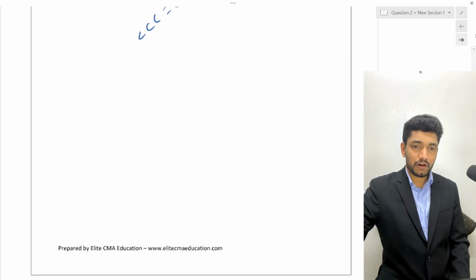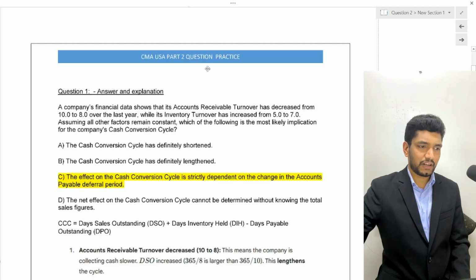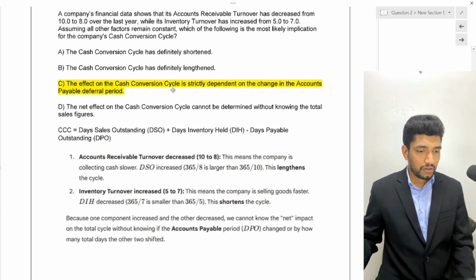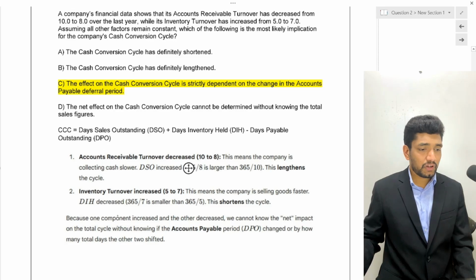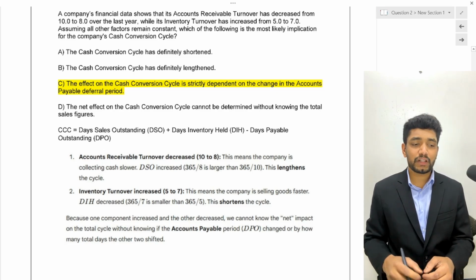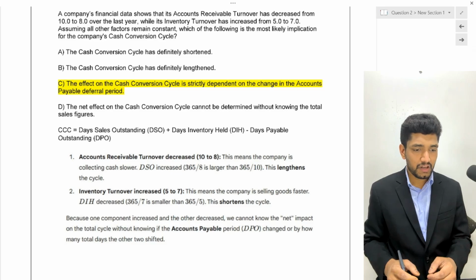Here I have given the answer and explanation for this question. Because one component increased and the other decreased, we cannot know the net impact on the total cycle without knowing the accounts payable period changes, or how many total days the other two shifted.